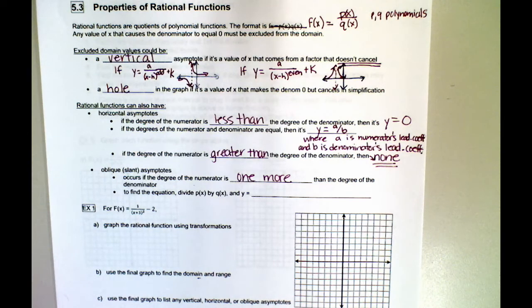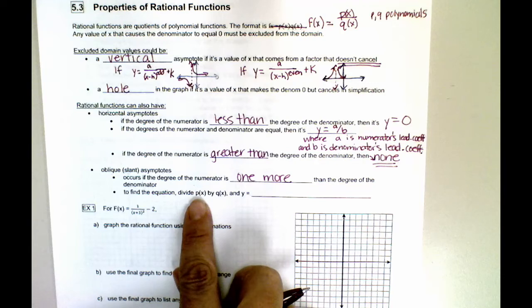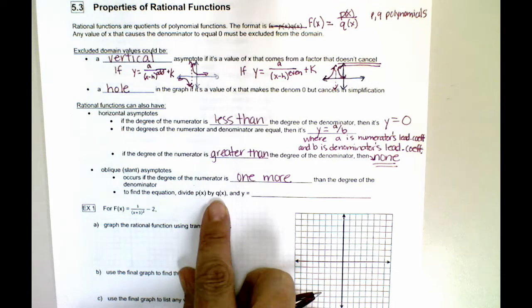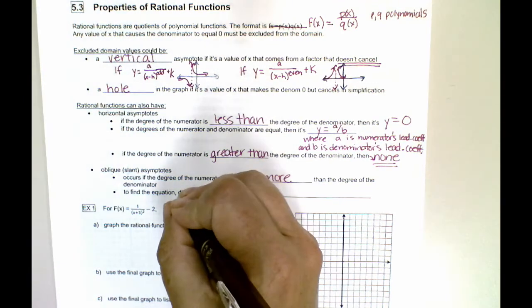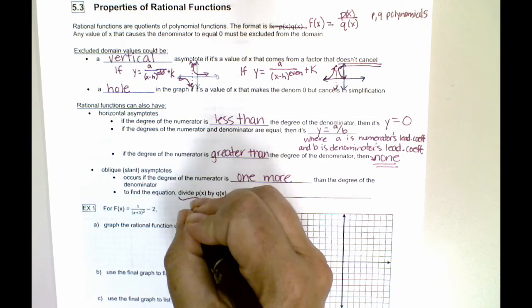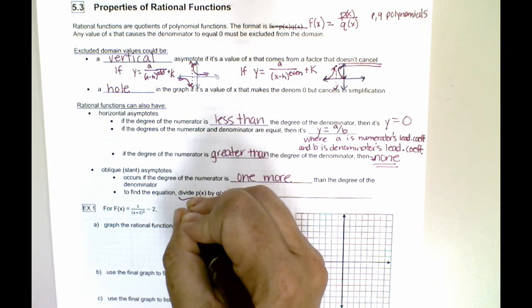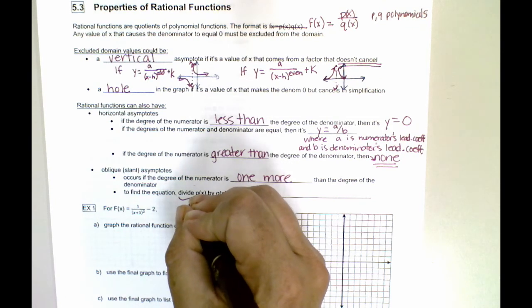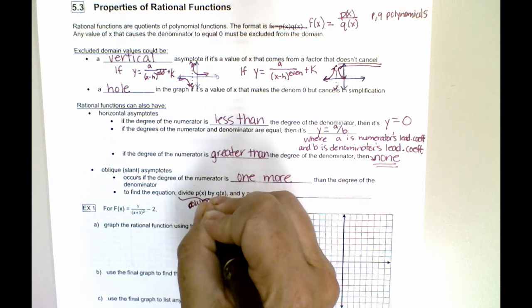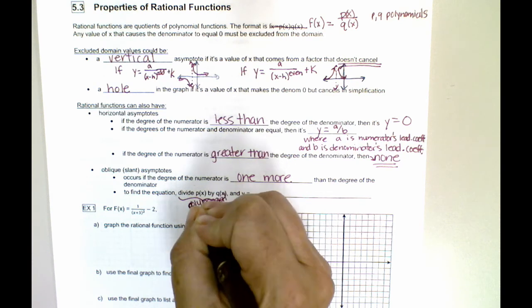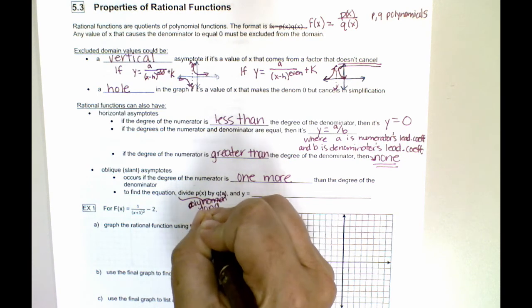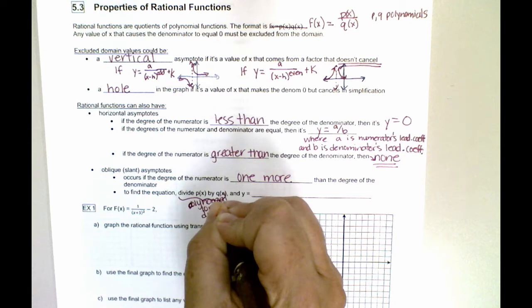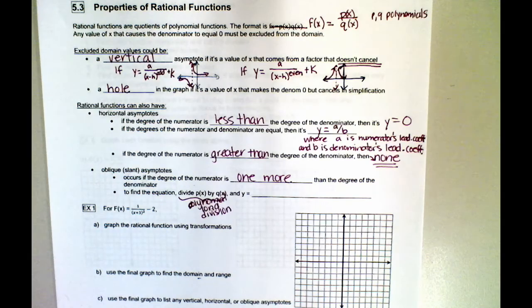To find the equation of the oblique asymptote, we actually have to divide p of x by q of x. Remember that these are polynomials. So this right here is polynomial long division. Sometimes we can use synthetic division, but most of the time we can't.